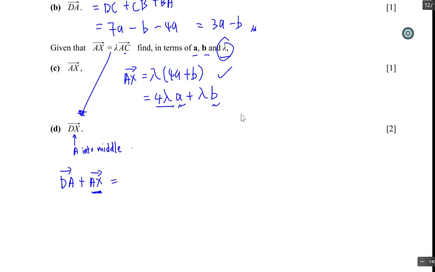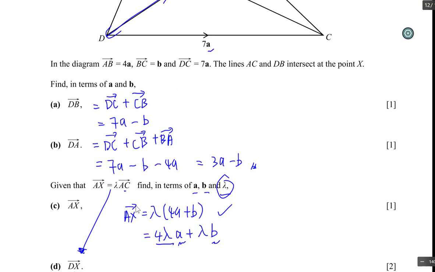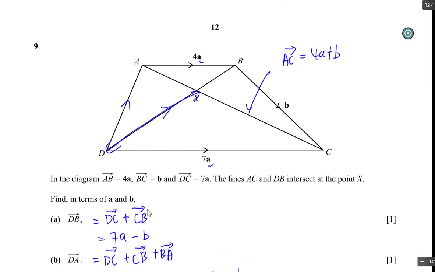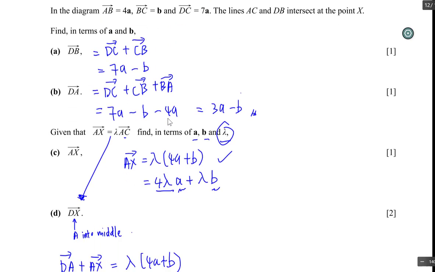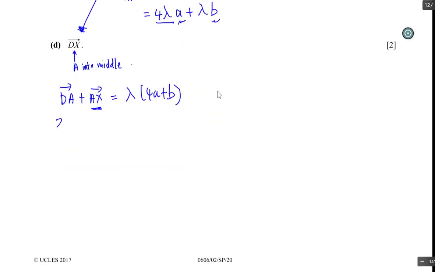AX equals lambda AC. AC is 4A plus B. And what is DA? We have the DA, right? D to A will be, we get it here, 3A minus B. So this is 3A minus B plus AX.